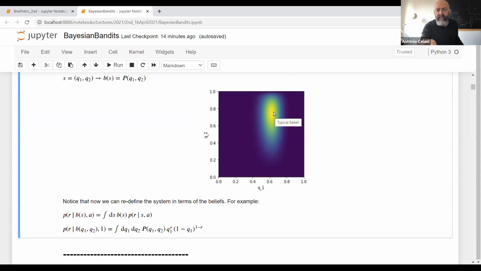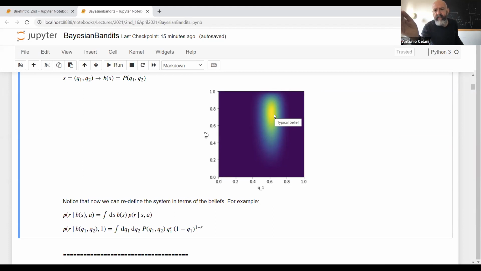For instance, an exploratory strategy looks at this figure and says, it's very broad along the Q2 axis, so maybe I have to sample Q2 many times because I want to make it sharper. I have more uncertainty on Q2 than I have on Q1. So a very exploratory strategy decides I have to play Q2 in order to reduce my uncertainty on Q2. In this case, the two things coincide, but in general, it's not the case.